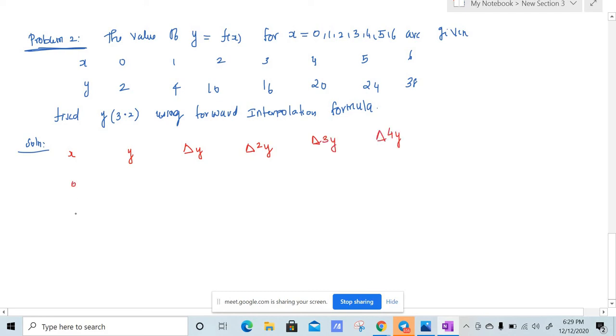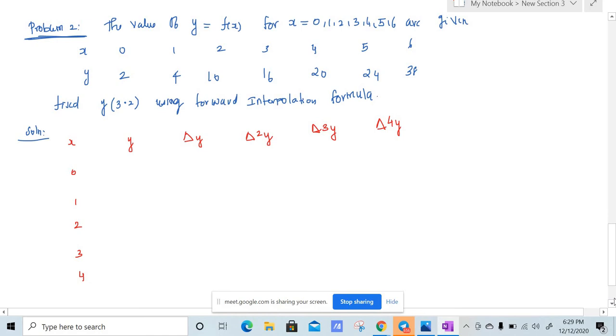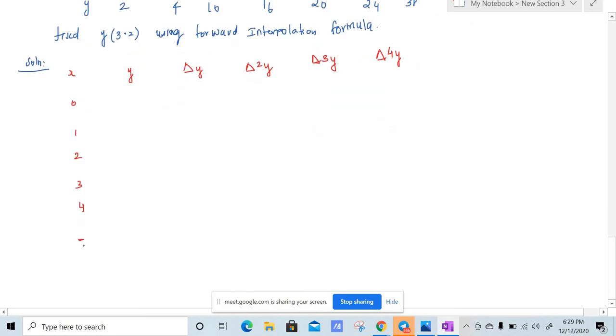So x is 0, 1, 2, 3, 4, 5 and then 6. So y is 2, 4, 10, 16, 20, 24, 38. Now just subtract: 4 minus 2, it is 2.